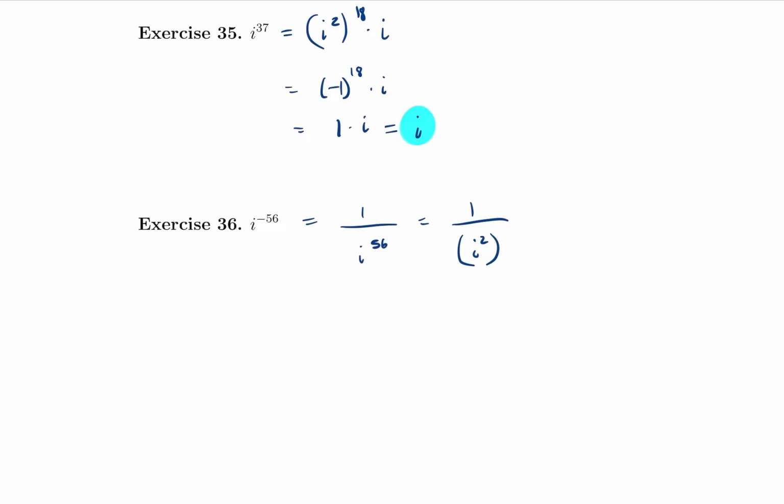And I believe it's going to be 23. 23 times 2 is 46, so it's going to be 28. 28 times 2 is 56. And so this time we don't have to multiply by an additional i, because 2 times 28 is 56, so you don't have to multiply by i like we did in the previous two examples. And so this becomes 1 over negative 1 to the 28th power, and that's an even number, which makes that 1.